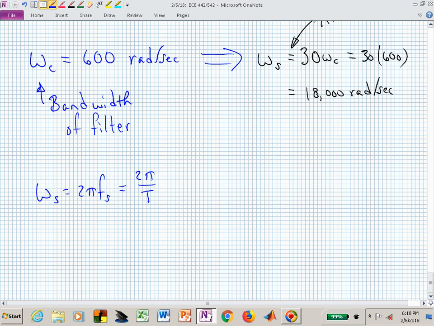We could relate that to the sampling frequency in hertz or cycles per second, or we could use that value for omega sub s to solve for that capital T, the sample period. If we solve this for capital T, there is now our capital T.